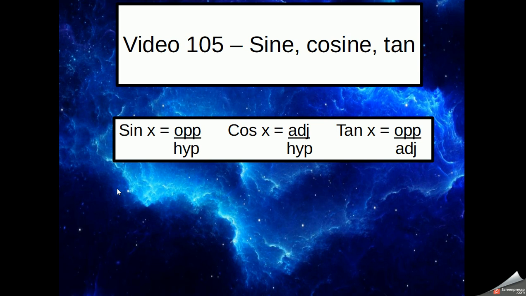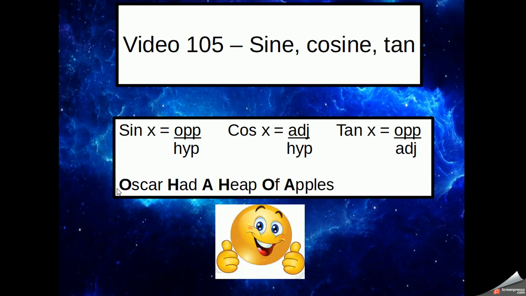Now remembering these can be somewhat tricky, but we use a little acronym. Oscar had a heap of apples. So as long as you can remember that, for sine, cosine and tan, we've got Oscar, opposite, had, hypotenuse. And then on to the cosine rule, A adjacent, heap hypotenuse. And then finally onto the tan rule of opposite, apples, adjacent.